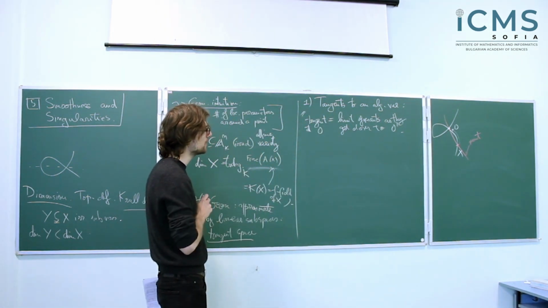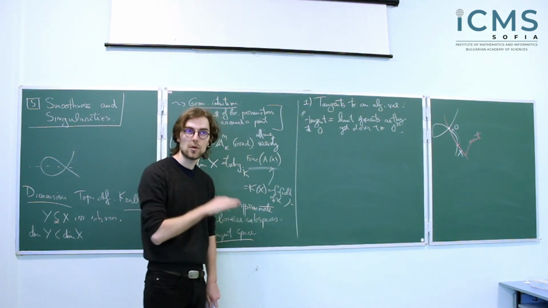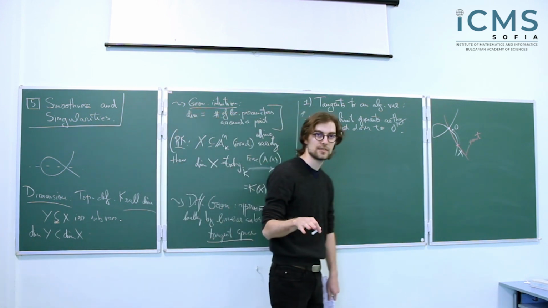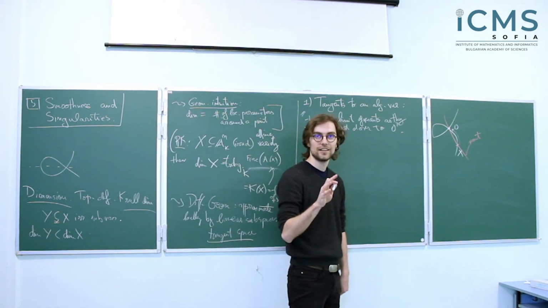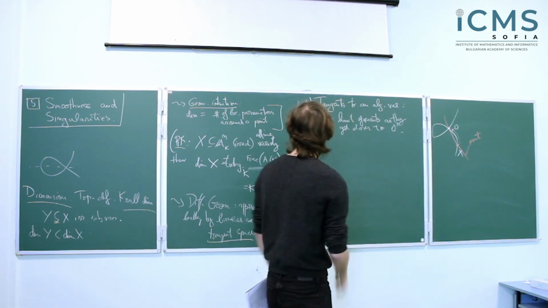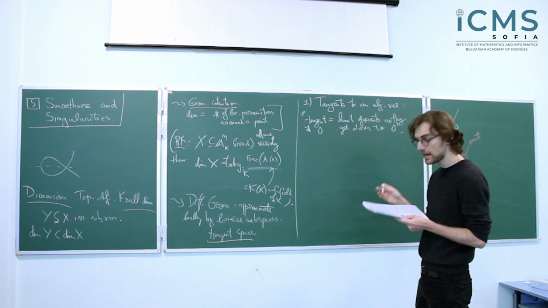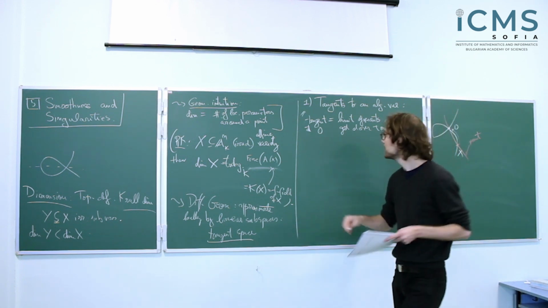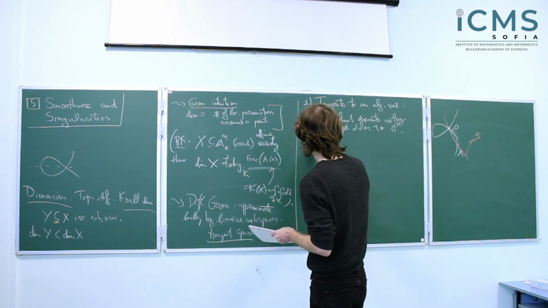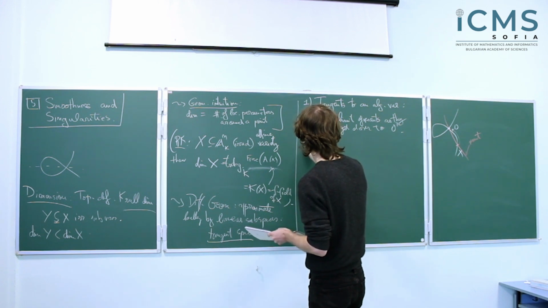So I'm going to give you a construction that will give you the whole set of tangents in one simple manipulation. I will give you a construction and then I'll explain why it is relevant, so bear with me.